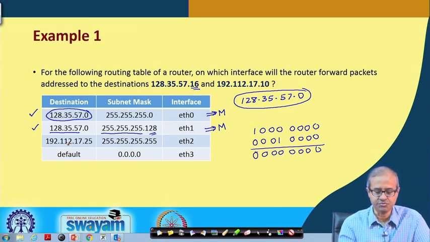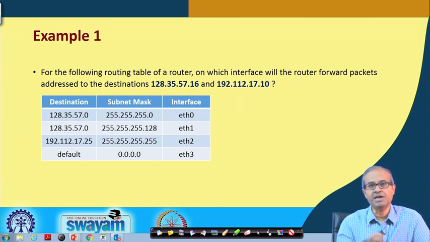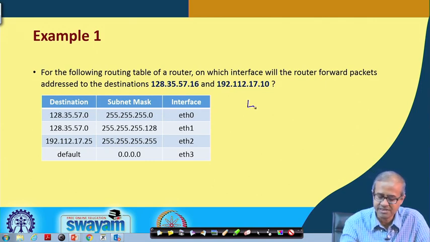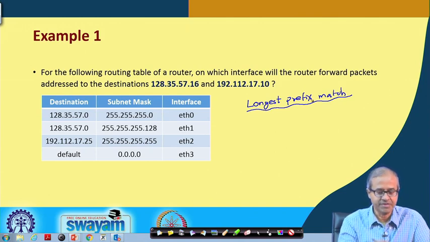So, now you have a situation where there are 2 matches in the routing table. Now, when there are multiple matches in the routing table, the rule that is followed is something called longest prefix match. This is what you look for.